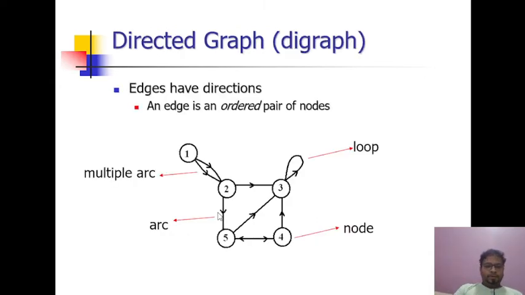You can see this example. This example has a loop as well as multiple edges, so it can't be a simple graph. It has to be a more complex one, a multigraph. Now in this graph you can see arrows. These arrows indicate that it is a directed graph, a digraph.